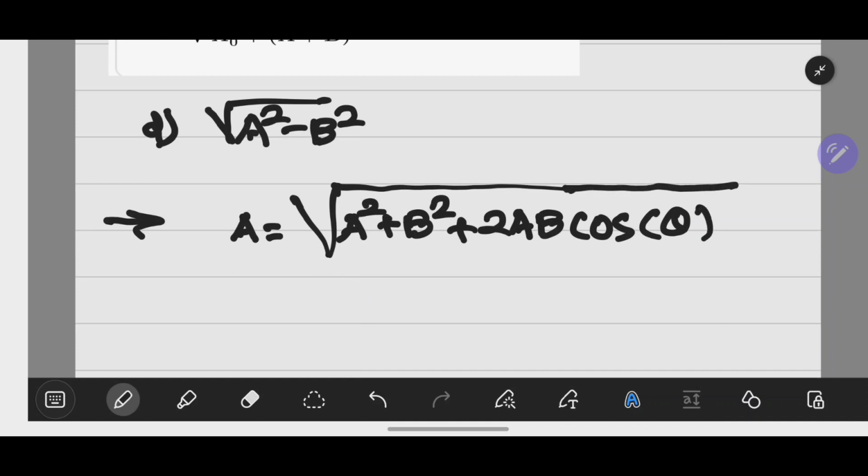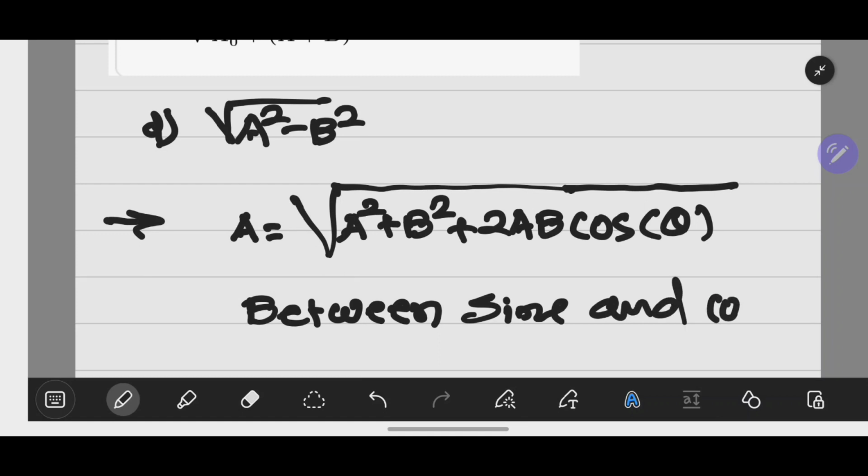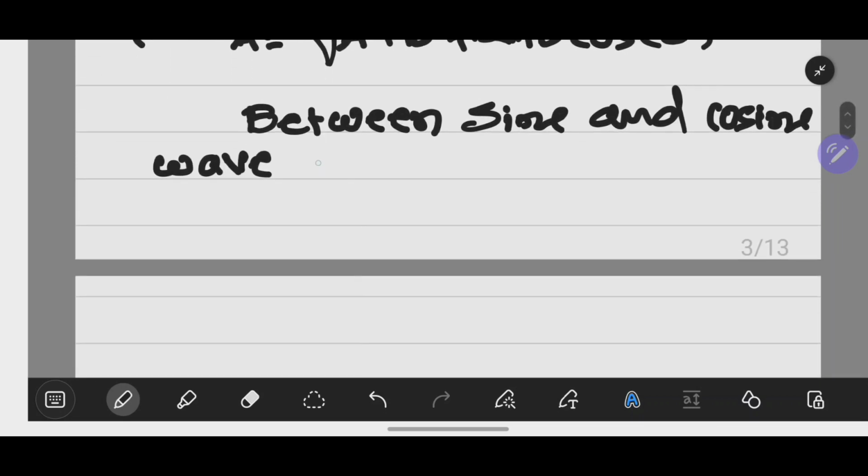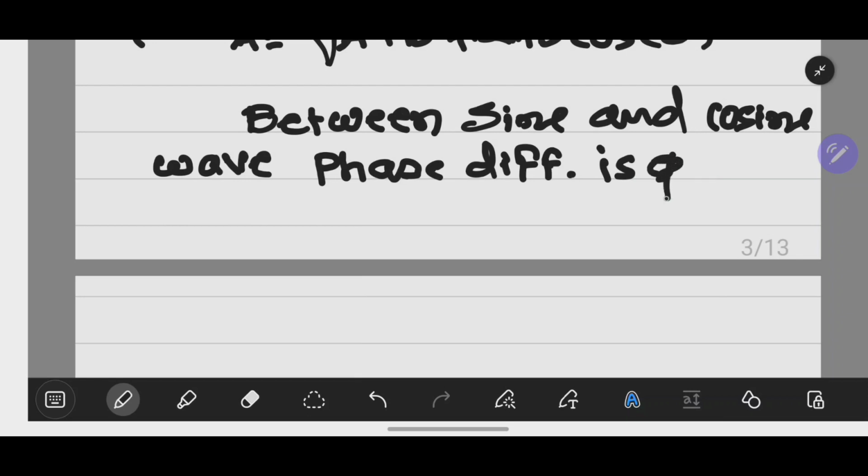As we know, between sine and cosine wave, the phase difference is 90 degrees. Why?